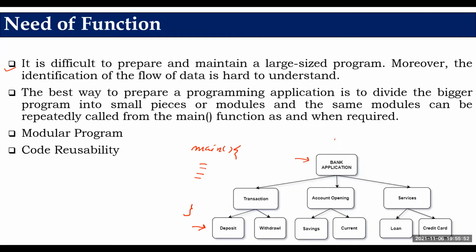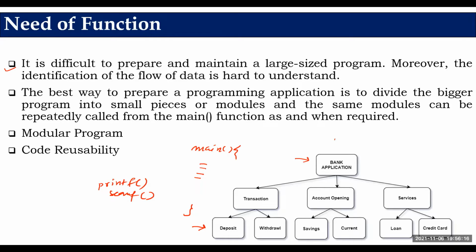So with the help of functions, here we're talking about user-defined functions, because C has two types of functions. One is library functions that we normally use, such as printf and scanf for input-output. These are library functions. There are many such other functions we normally use with the help of header files.